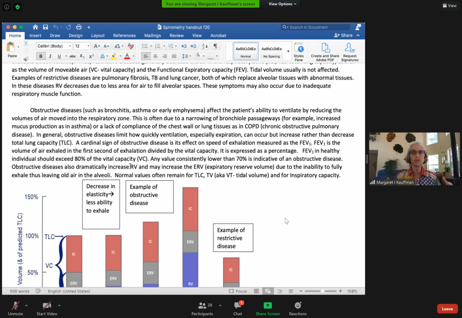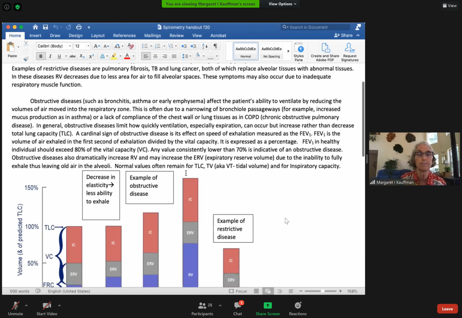They're building up muscles to try and push things, and their morphology changes as they use these extra muscles and try to get their lungs to rebound back. They end up with this barrel chest appearance. So that means you'll often see an increase in the residual volume. Now, you can't really measure residual volume. Remember, that's the immovable air, but it does tend to increase in these patients.